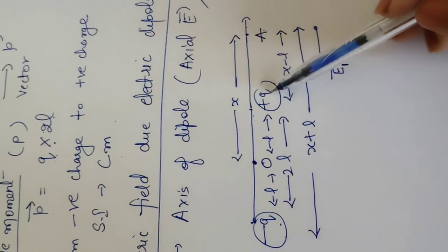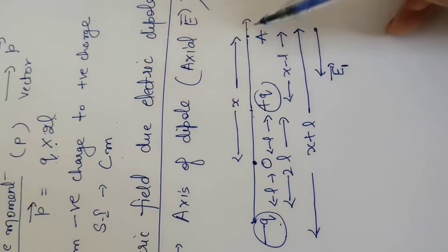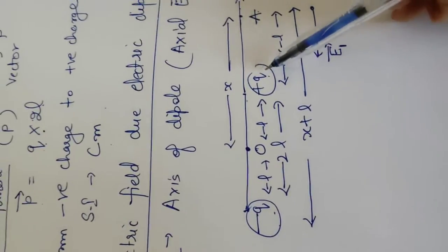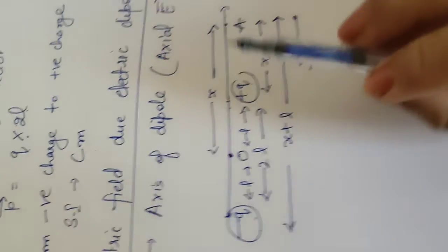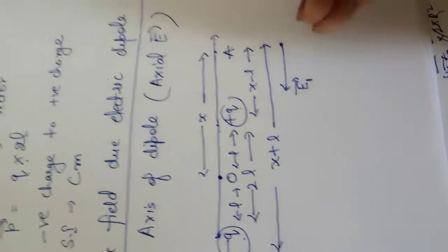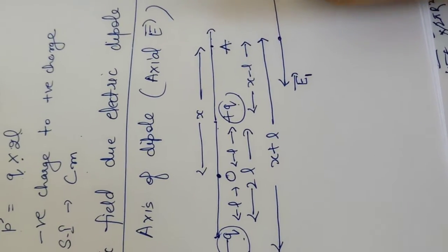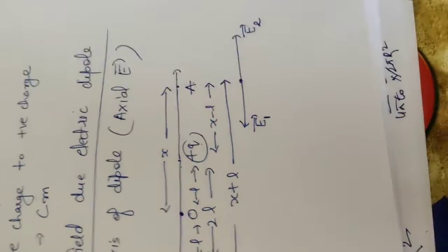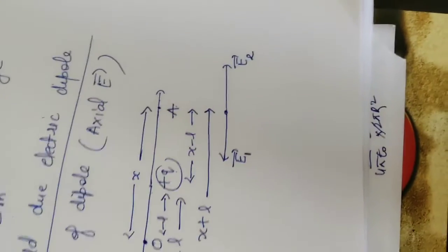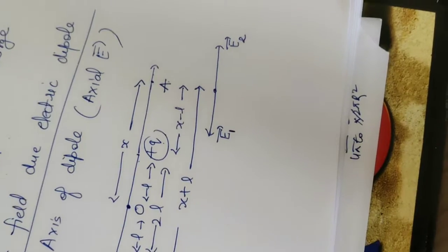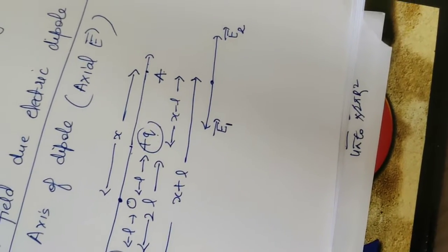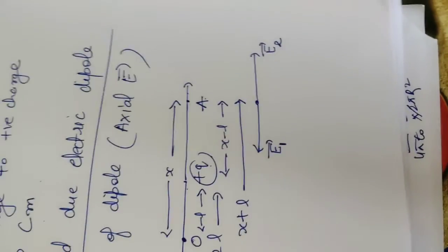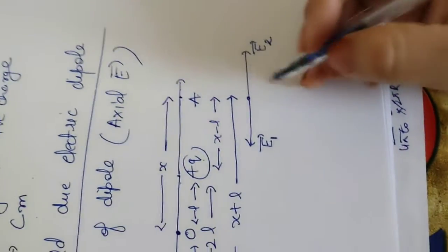Now taking the other charge plus q, the electric field intensity at point A due to plus q charge, E2, is always directed radially outwards. So at point A, we have two electric fields E1 and E2 which are directed in opposite directions. So the net electric field at A, say we denote it with E net. What will be the direction of E net?